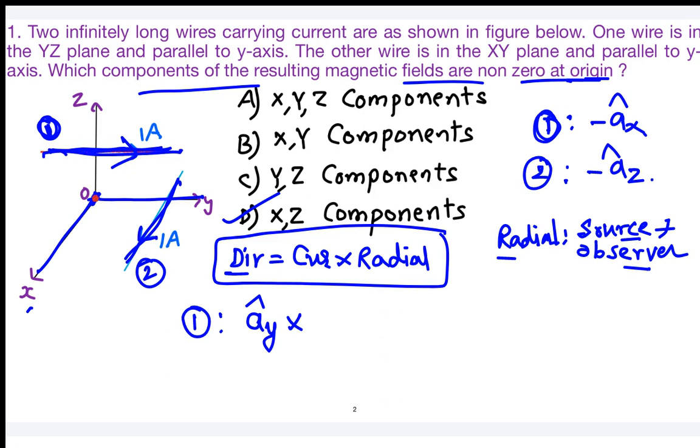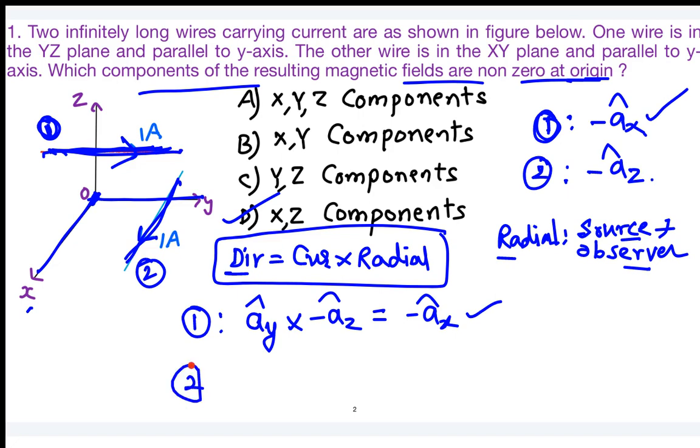The source is this and the observer is this. When you move from source to observer, which direction are you moving? Good. Specifically, it is negative Z, right? a_y cross minus a_z results in a component of negative X, the same thing we got here also.